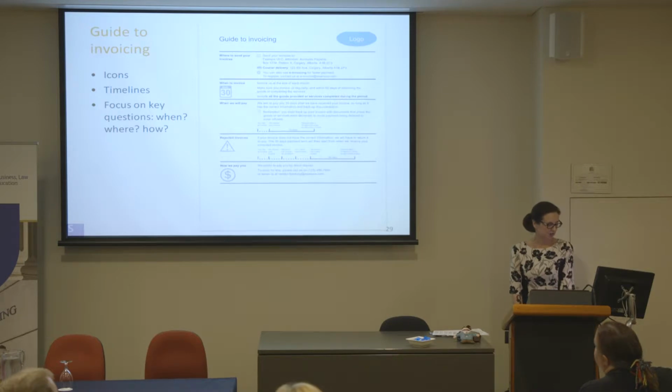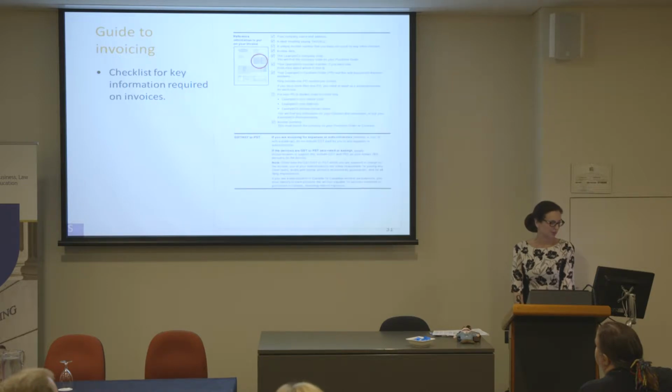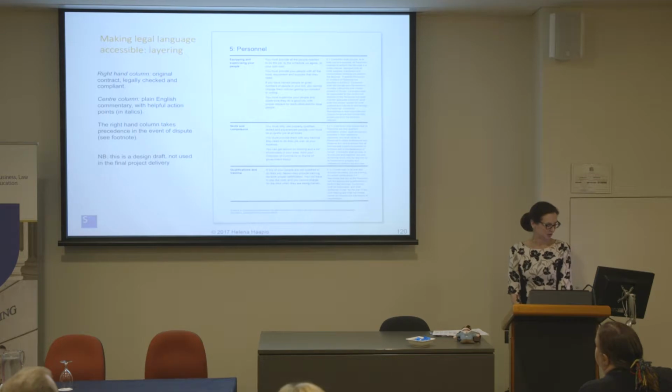And guide to invoicing would be visual. There would be a document template showing how the supplier better send their invoices to get paid in time. So it's easier for the supplier to comply. Checklist for key information was included.